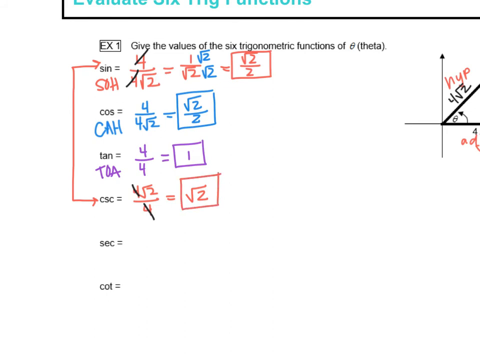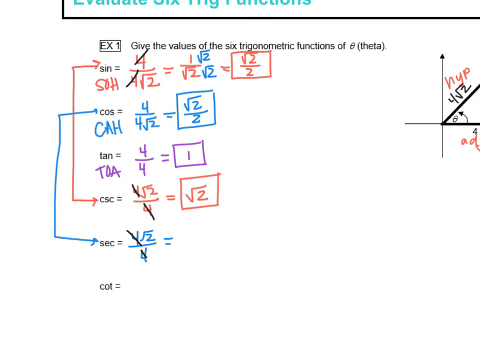That one is done. All right, secant, we're going to remember that secant and cosine go together. So I take my cosine and I'm going to flip that: 4 root 2 over 4.